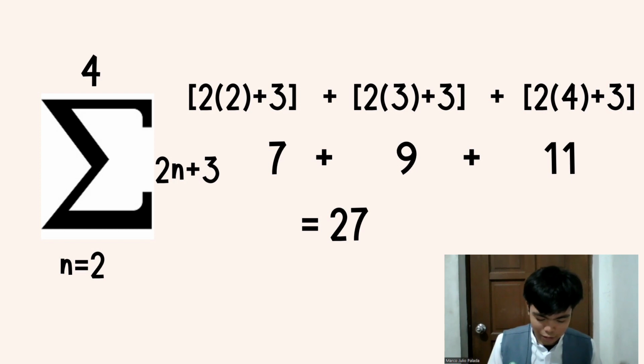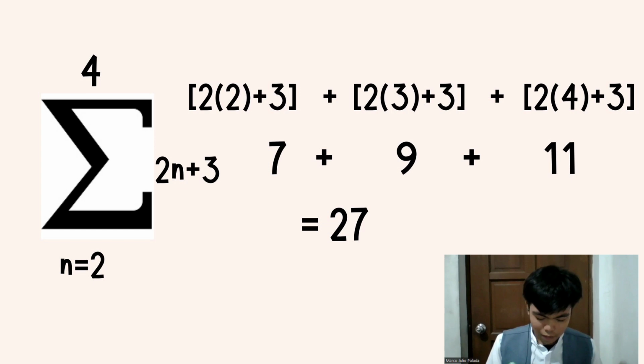Now we're going to simplify it. We have 2 times 2 is equal to 4 plus 3 is 7. The second one is 2 times 3 is equal to 6 plus 3 is 9. And for our last, 2 times 4 is equal to 8 plus 3 is equal to 11.